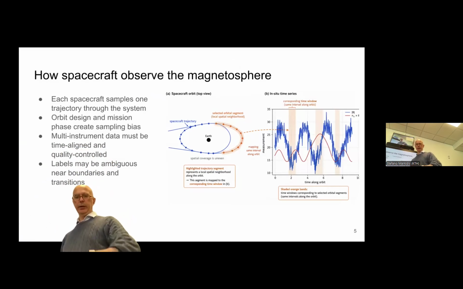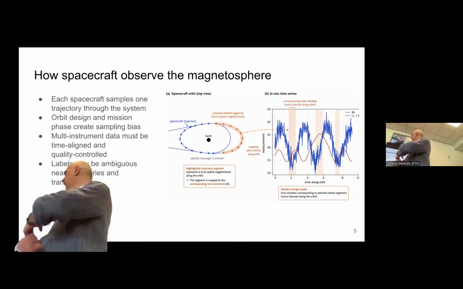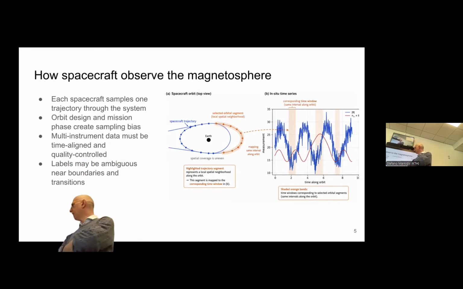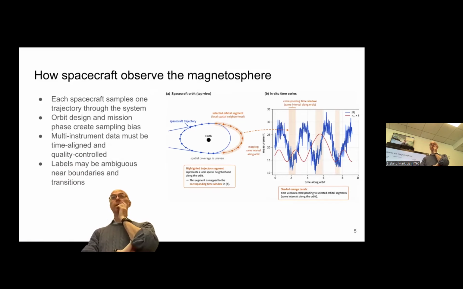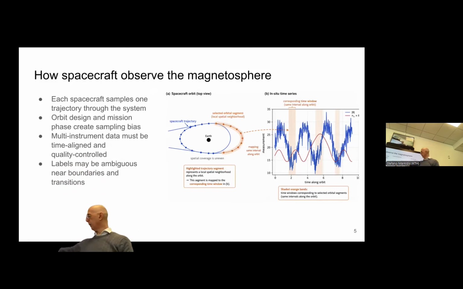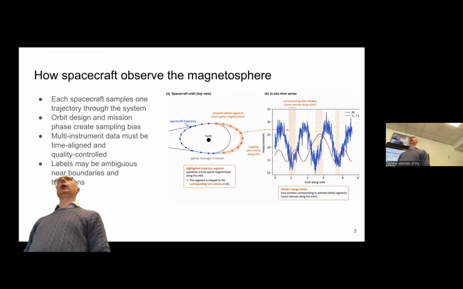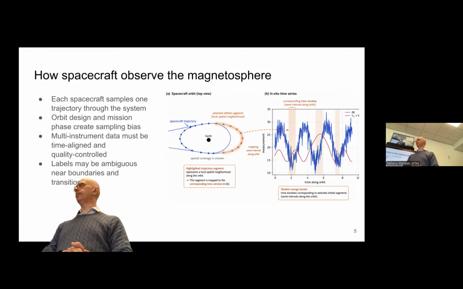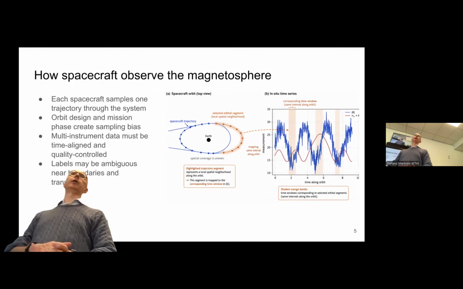I want to spend a few words about the problem of scarcity. I won't spend much time because I already spent quite a lot of time at the beginning talking about the problem. But the problem is the following: you have this blue trajectory here, and you have a mission that has been designed to study certain phenomena.